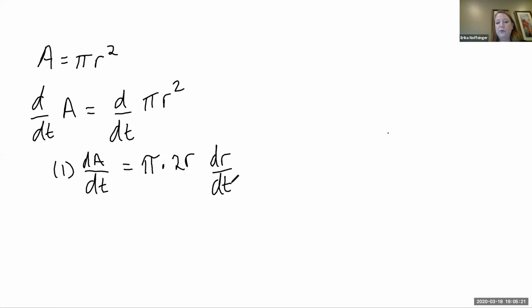Basically, we just wrote an equation for the relationship between the rate of change of the area of this circle with respect to time and the rate of change of the radius with respect to time.